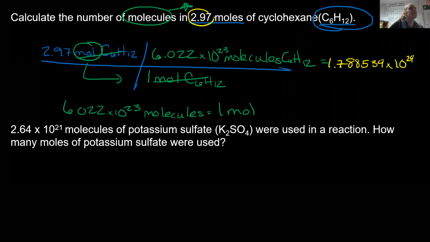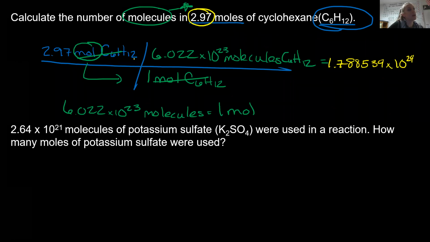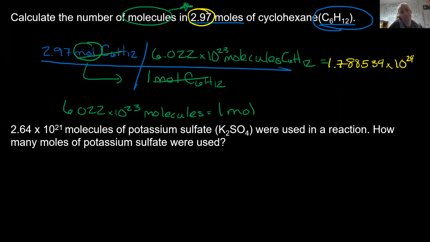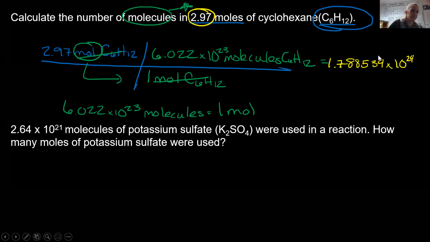So I was given 2.97 and we multiplied. So what rule am I using to round these Sig Figs? I'll call on someone else now. Jacqueline, what rule am I using for these Sig Figs?